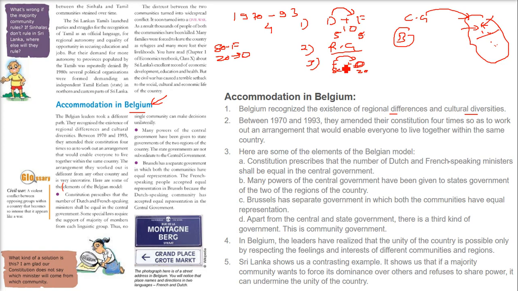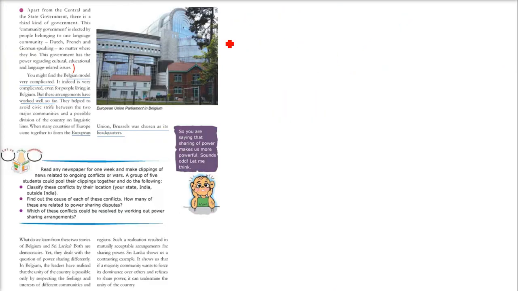Why did they accept that the representation should be equal? That is, if there are 10 ministers here, 5 will be French, 5 will be Dutch. Why did the French accept it? Because in the central government, though the Dutch were 59%, they still got only 50% representation, that is, 50% of the ministers will be Dutch. So the French here accepted it. So it was equal power representation.